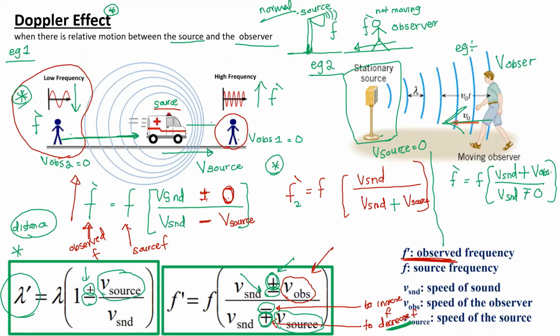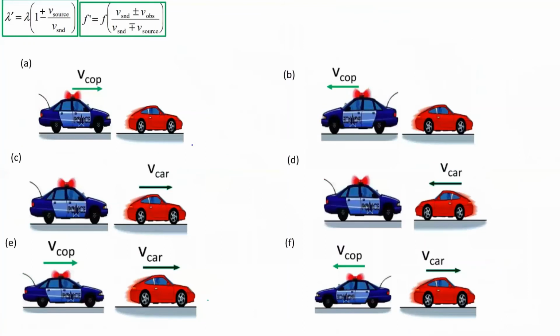If it is coming closer, can you see lambda is decreasing here? You select the minus sign. So we will look into this more in the next examples. I just wanted to tell you that there are two equations, and this is how you will use the signs.